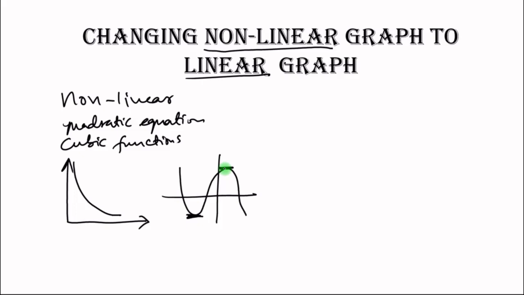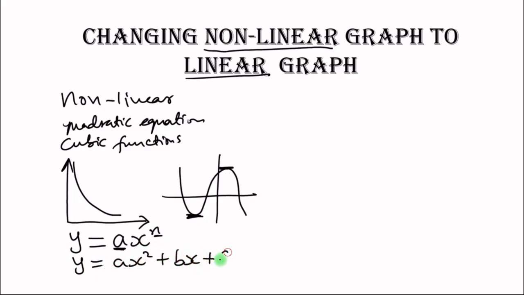So such graphs have equations of the form y equals ax^n, whereby a and n are normally constants, or y equals ax squared plus bx plus c, whereby a, b and c are constants.